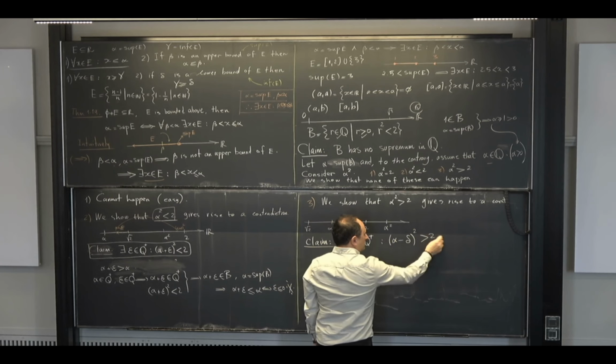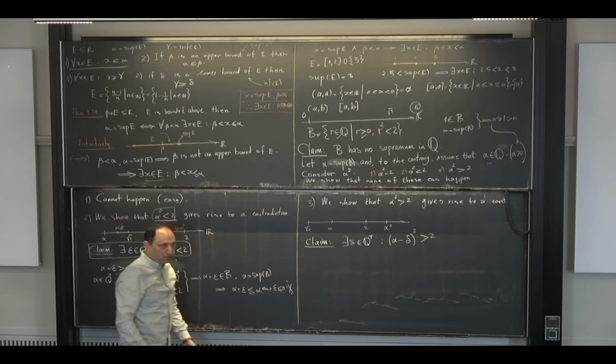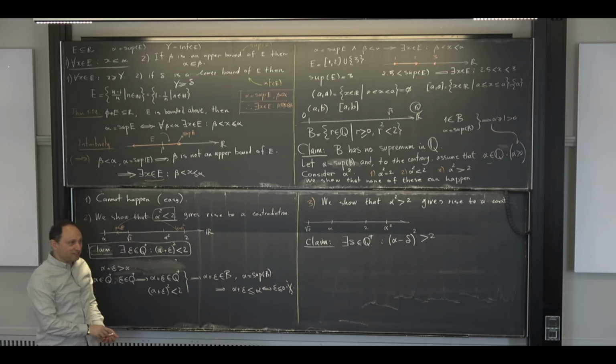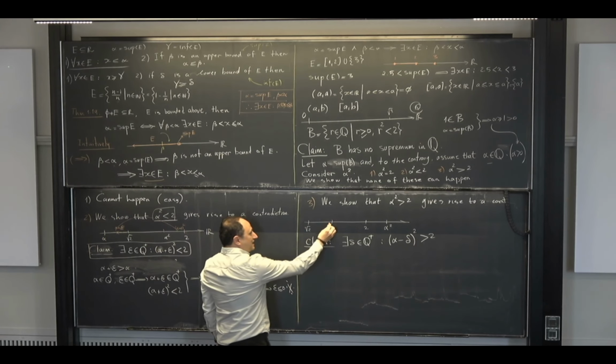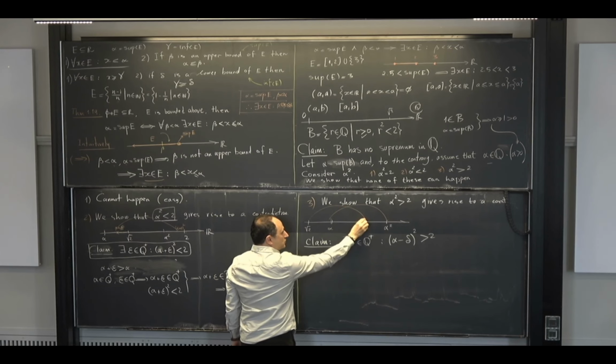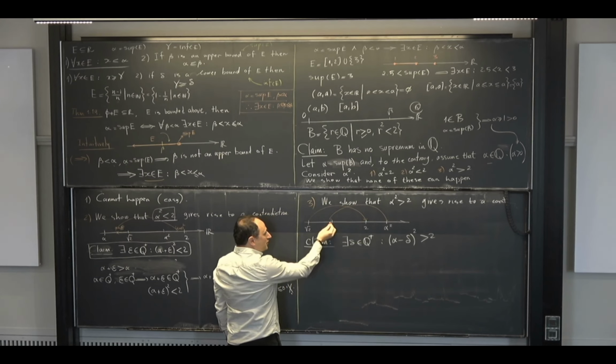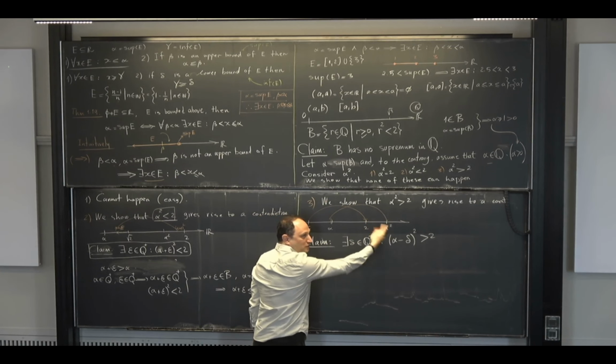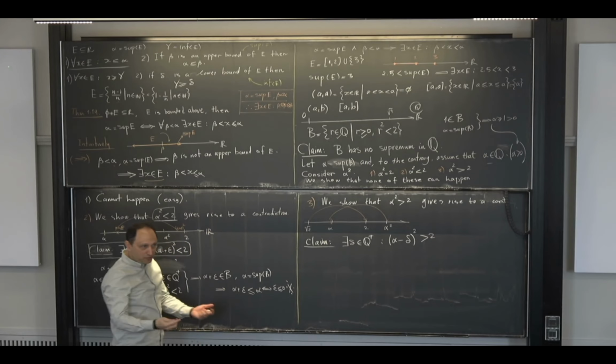Yes? Intuitively it is very clear, because it means that alpha squared takes me exactly here. Square root of 2 after squared takes me here. Of course, if I go a little bit lower, then I will end up somewhere here, which is greater than 2. Intuitively, it is very clear.